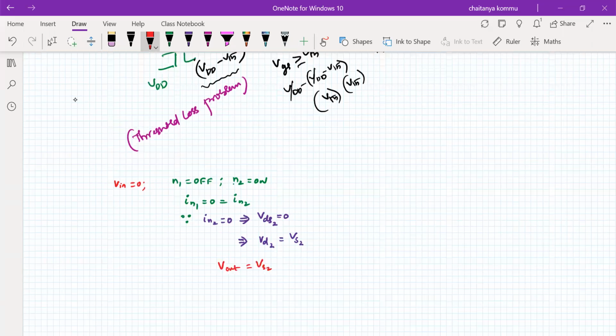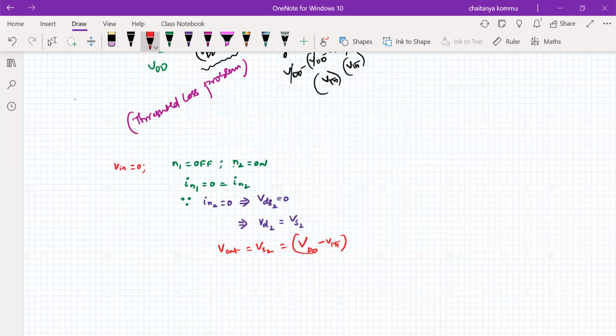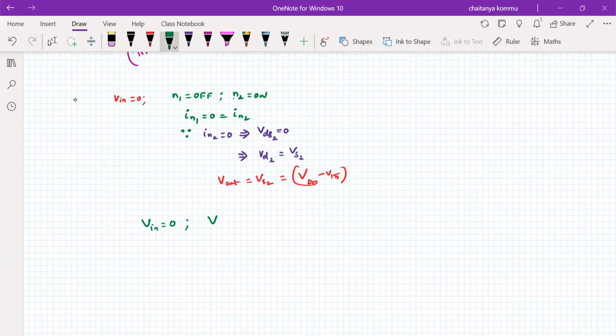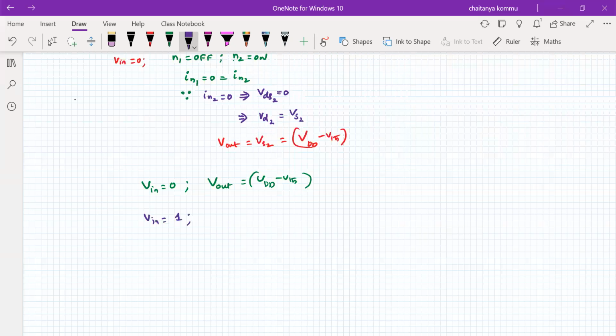The VS2 that we observe here is VDD minus VTH. So what we observe is that when Vin is equal to 0, the loss is 0 if you apply, and Vout is equal to VDD minus VTH, right? So this is what we observe. But when Vin is equal to 1, both the transistors are on. If both the transistors are on, it is obvious that Vout is approximately equal to 0, not exactly equal to 0.